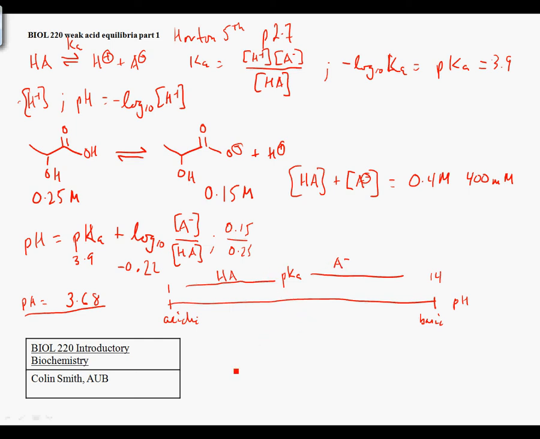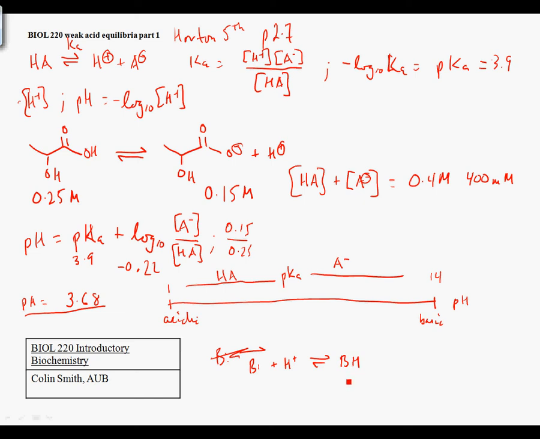And if we're looking at a base, we can talk about a base as being something that accepts a proton, and when we discuss pKa's, we don't usually talk about pKb's.